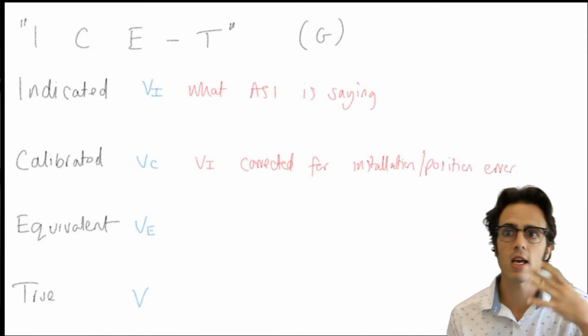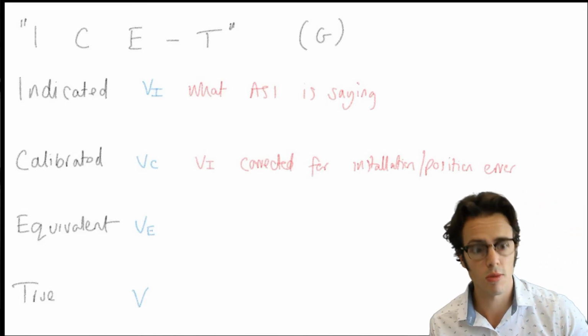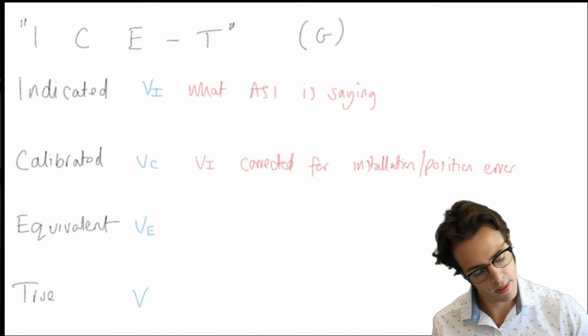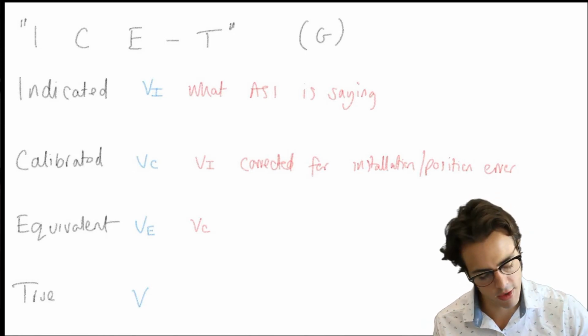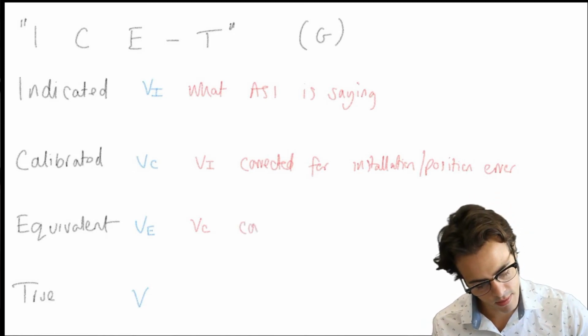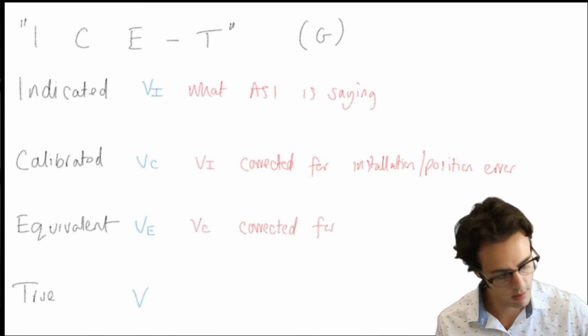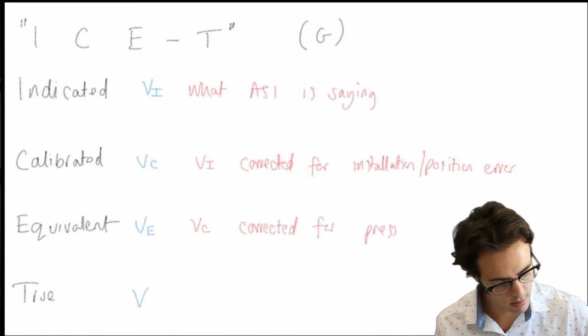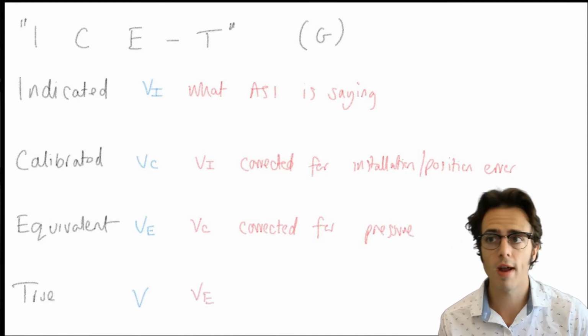So that's where we have an error that's usually in whatever units the airspeed indicator is saying, which will be knots, that we can add on. Equivalent airspeed is then calibrated airspeed that's been corrected for the pressure at altitude. And then true airspeed is VE corrected for the density.